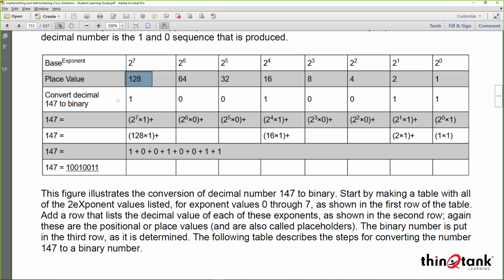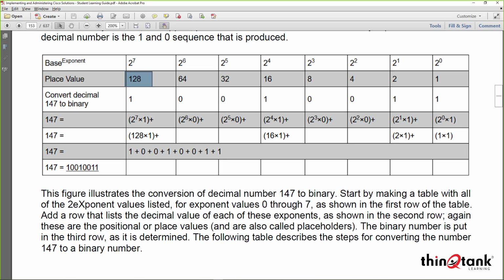I'm going to subtract 128 from 147, and that's going to tell me what value I need next. 147 minus 128, so we're talking about 19. So in that case, I'm saying, okay, it's less than 32, but it's more than 16. So I'm going to go ahead and add the 16, and then I'm left with 3, and then I can add the 2 and the 1 and get to finally my final position.